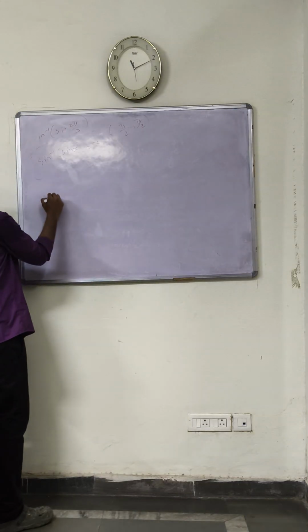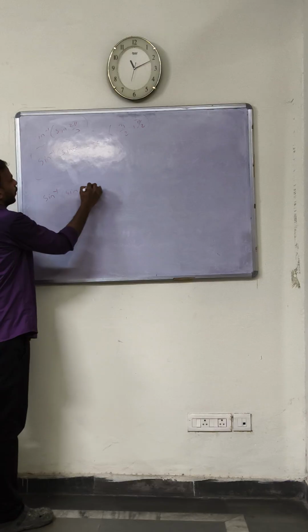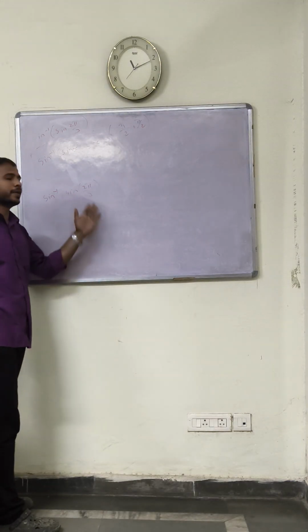So we find sin inverse of sin 2 pi by 3. Similarly 5 pi by 7.